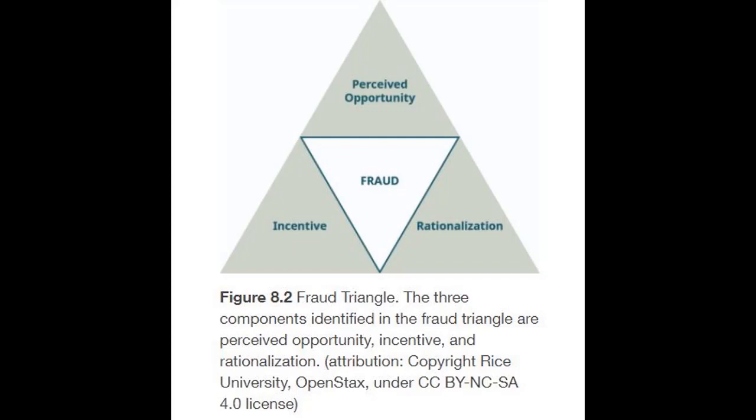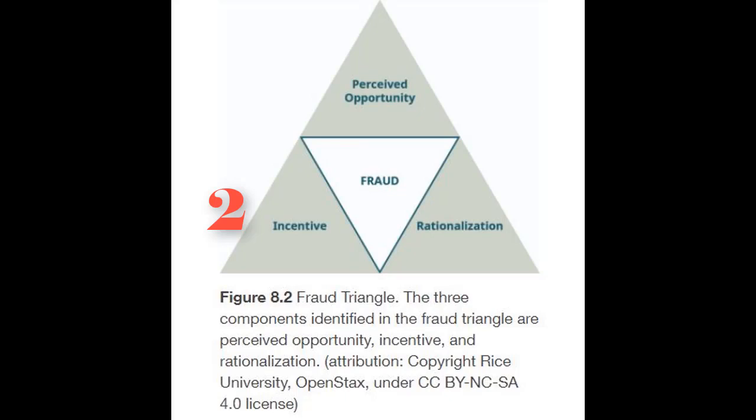Figure 8.2 is a fraud triangle. It's really quite simple. It's just a list of 3 different criteria, if you will, that usually are in place when someone commits fraud. Number 1, they need to see or perceive the opportunity to commit fraud, to do something bad and make some money.